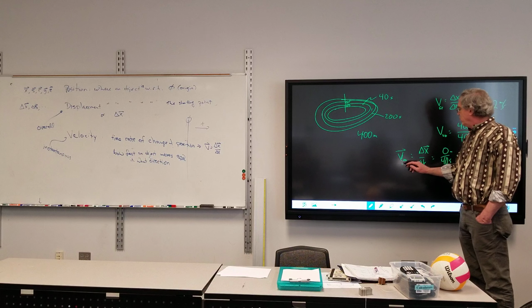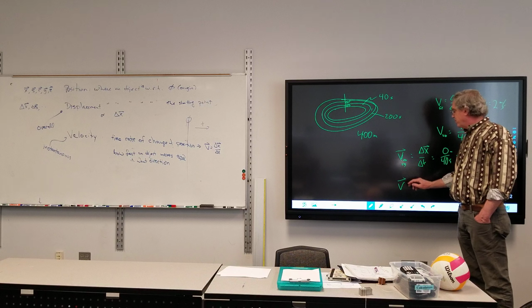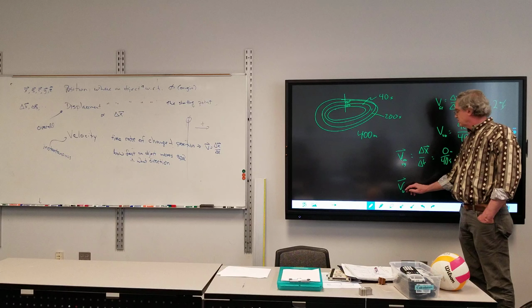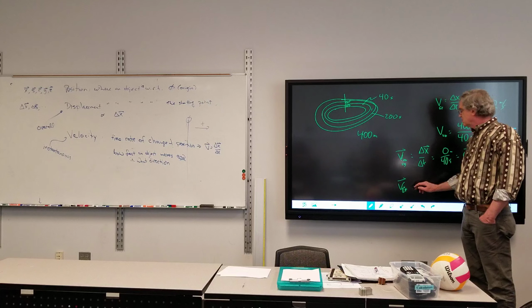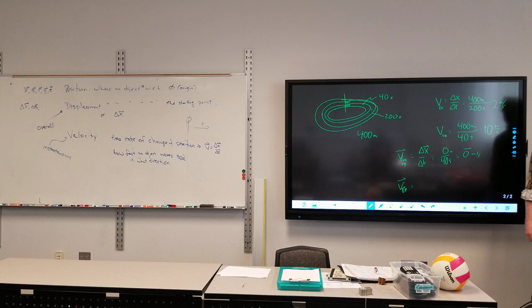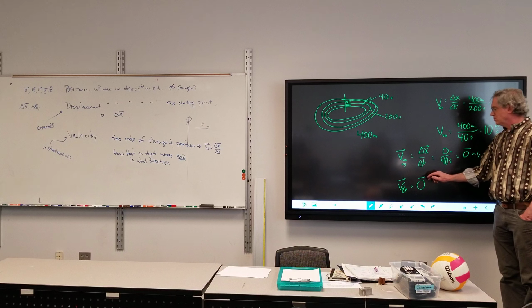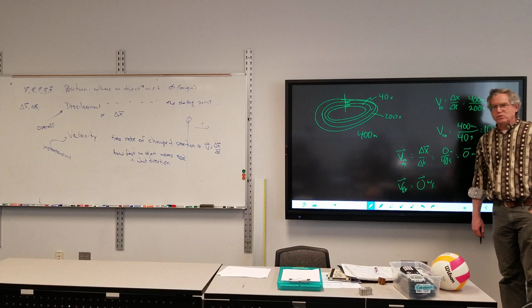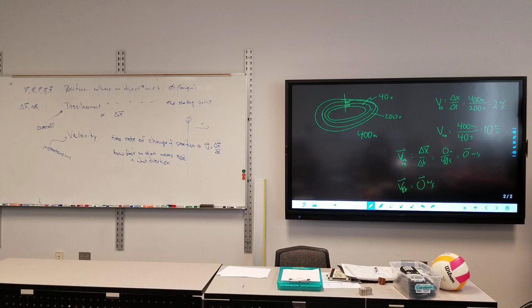So that's Usain Bolt. And then when I finish the race, what is my average velocity? 0. I am as fast as Usain Bolt. Just have to look at it right. Because when I finish the race, I haven't gone anywhere.